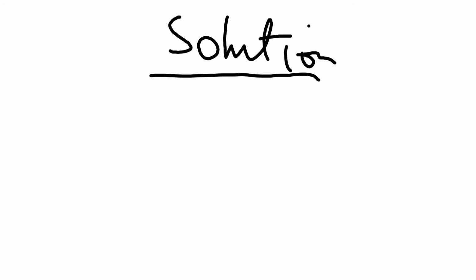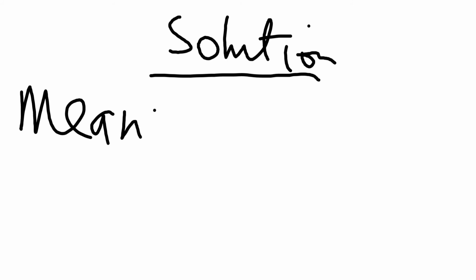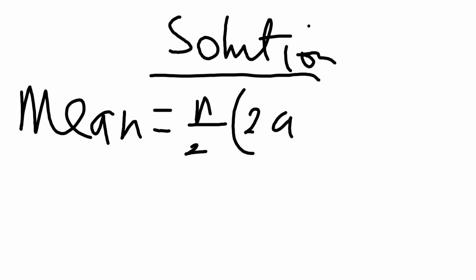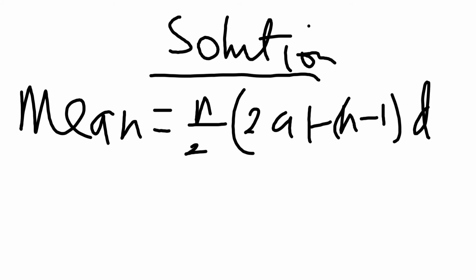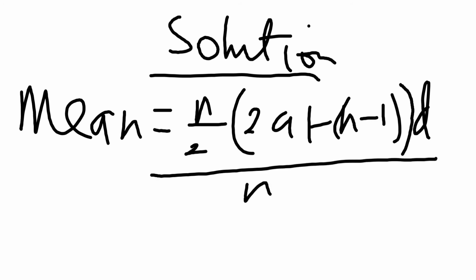So we now need to record that the mean, from what we did the last time, is equal to the sum of the first n terms of an arithmetic progression, n over 2 into 2a plus n minus 1 times the common difference, everything divided by n. That will give us the mean.